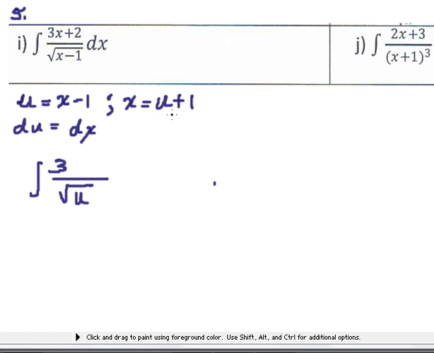Now you see x is equal to u plus 1, so that's 3 times u plus 1 plus 2, and dx is equal to du, so we substitute du.